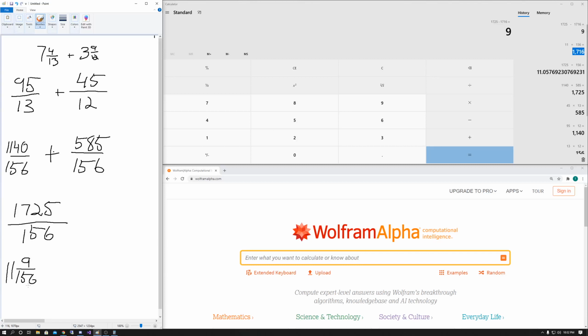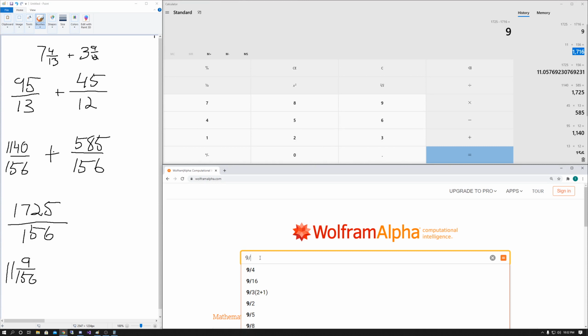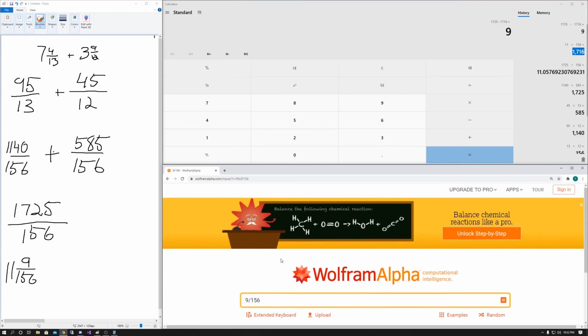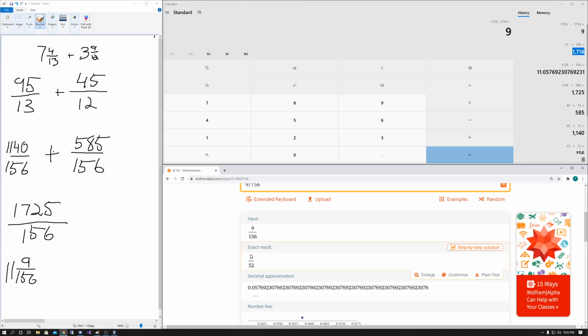Now, can 9 over 156 be simplified? I'm going to speed things up by using Wolfram to solve that. And yeah, it simplifies to 3 over 52. So this becomes 11 3/52.